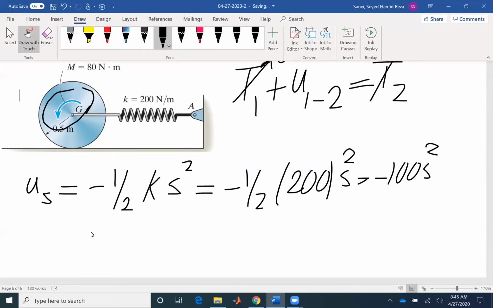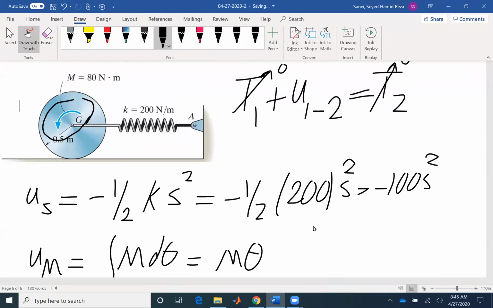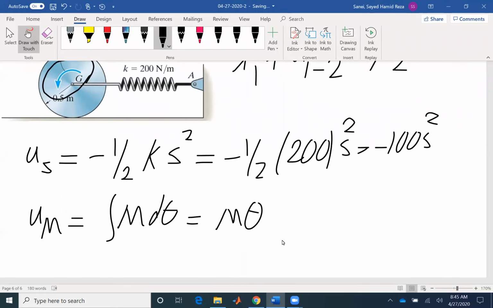And then the work of the moment is M d theta, or M theta here. So if you look at the two works, we have two unknowns, s and theta, and then we have one equation. But s and theta are related.